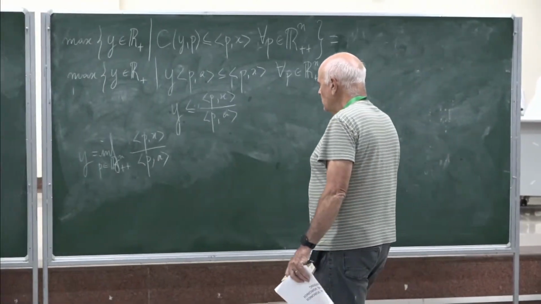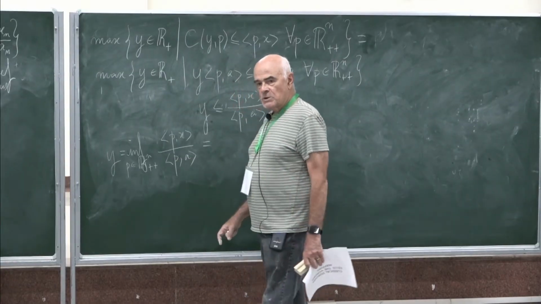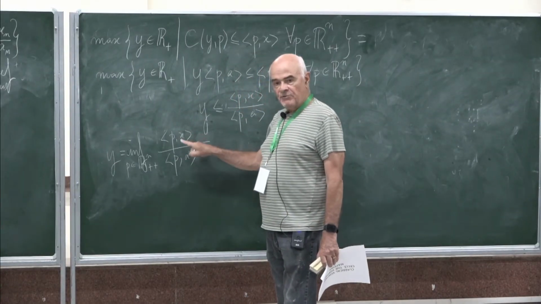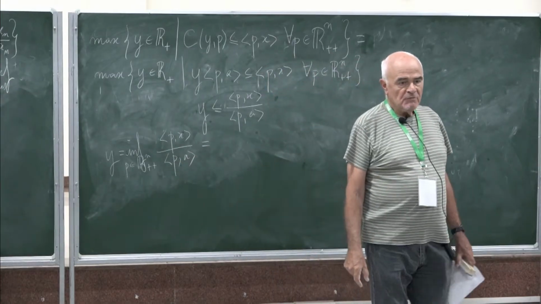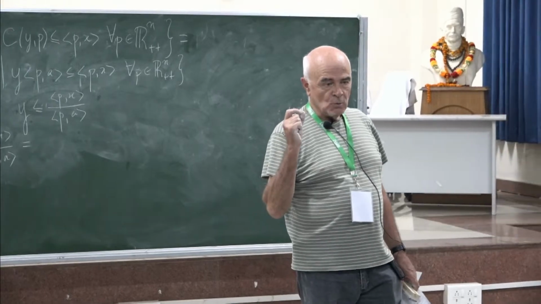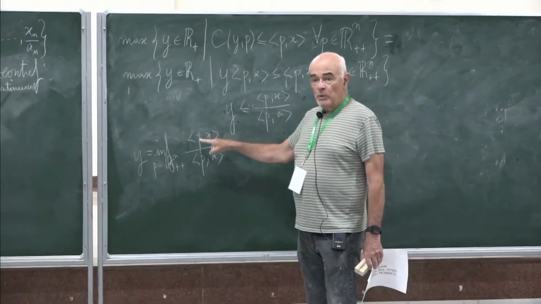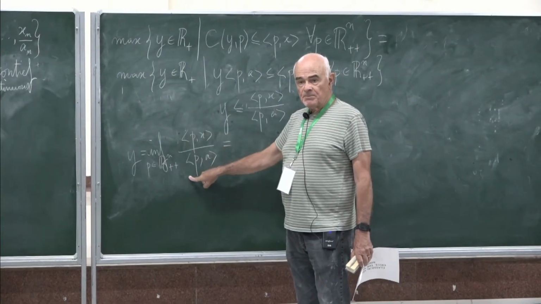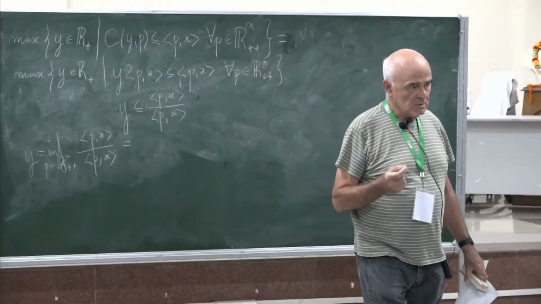I will tell you what you can do. First of all, observe that this objective function, the variable is p, is positively homogeneous of degree 0. If you multiply p with lambda, then lambda and lambda disappear. It's positively homogeneous of degree 0.